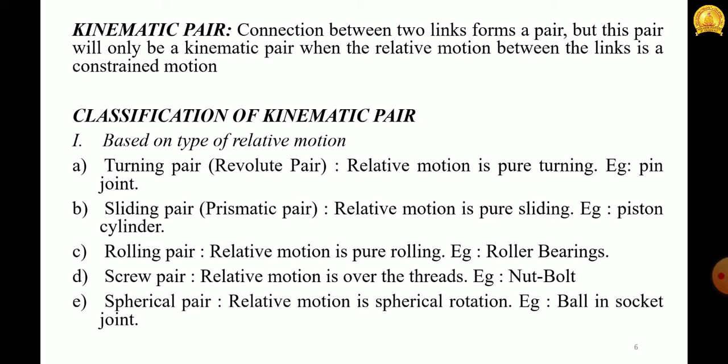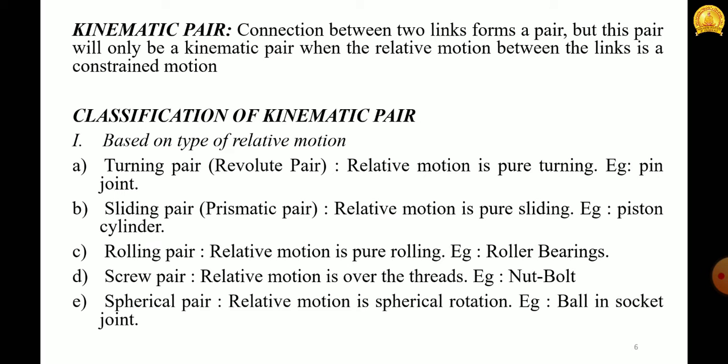Next one is sliding pair. If two links are having sliding motion relative to each other, they form a sliding pair. Example, a rectangular rod in a rectangular prism, piston cylinder arrangement, etc. When the links of a pair have a rolling motion relative to each other, they form a rolling pair. Example, a rolling wheel on a flat surface, ball and roller bearing.